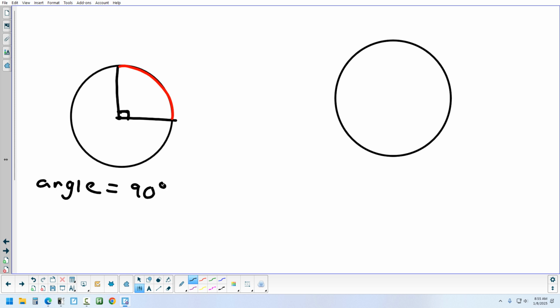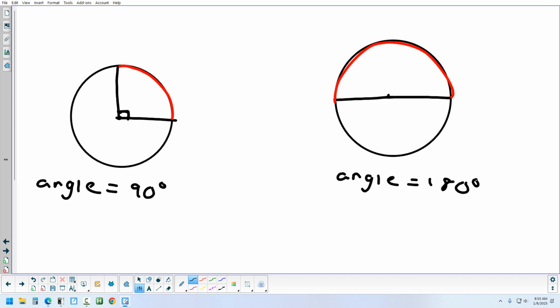Now, in the other circle, I'm going to double the size of the angle. So I'm going to draw it. There's the initial side. There's the terminal side. What's the size of that angle if it's double the one on the left? 180. That's 180. So everyone agrees that the angle on the right is double the size of the angle on the left.